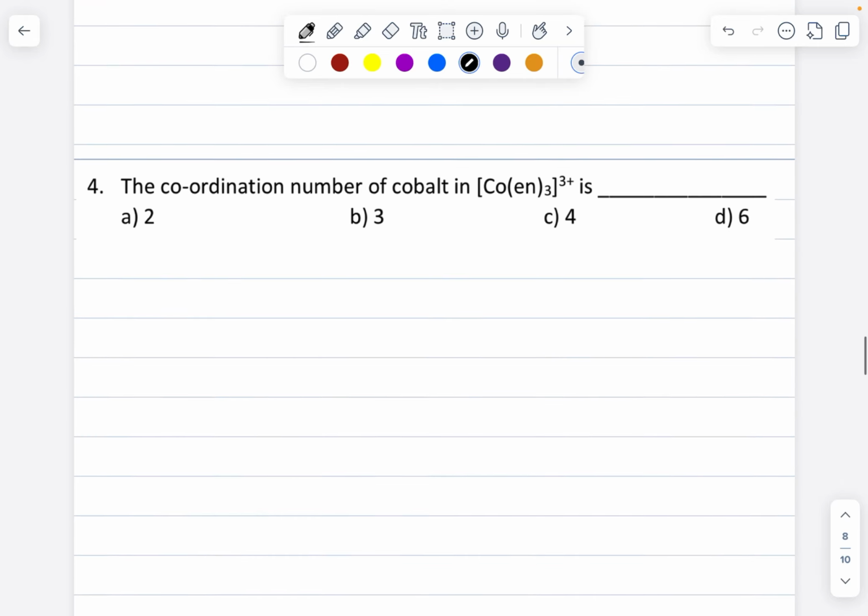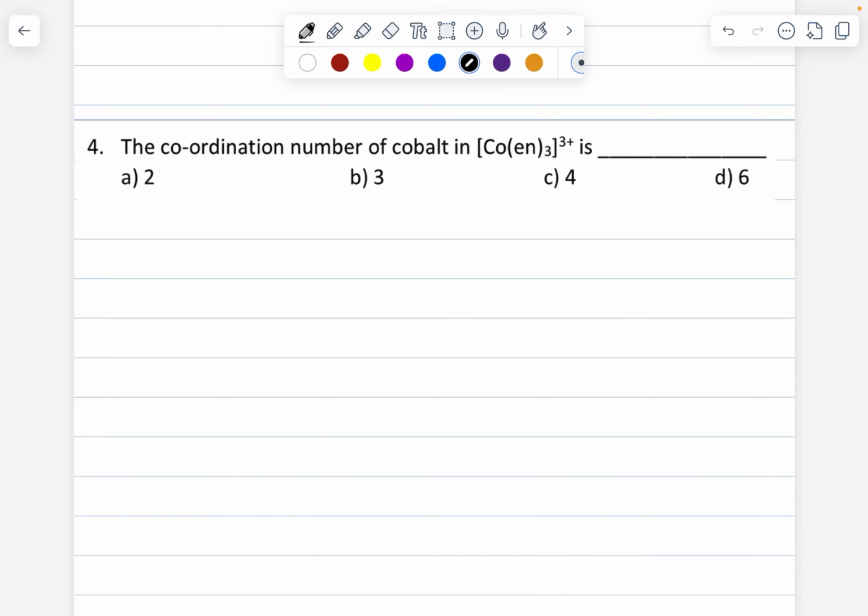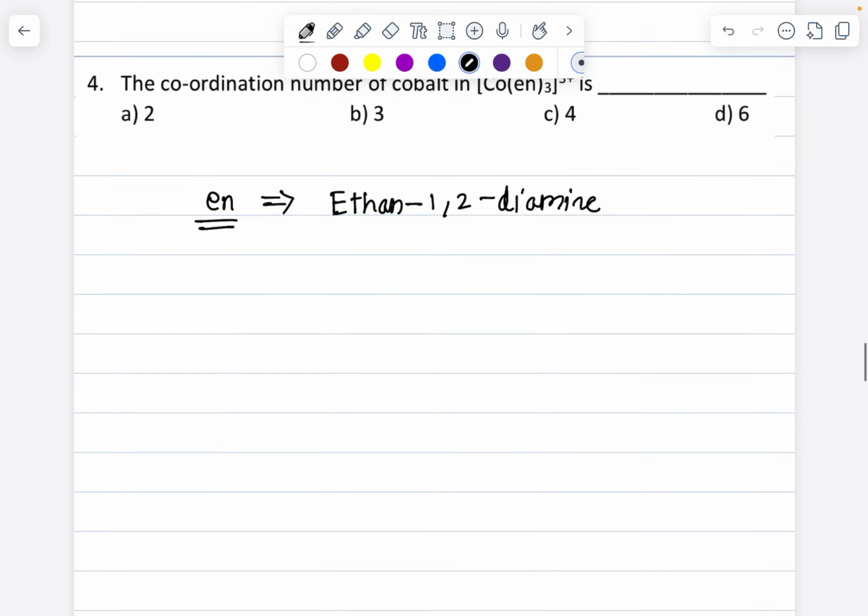Next question. The coordination number of the cobalt in [Co(en)3]. Coordination number means how many connections there are. What is en? En is the ligand whose name is ethane 1,2-diamine.